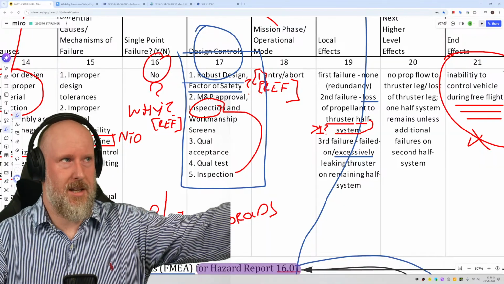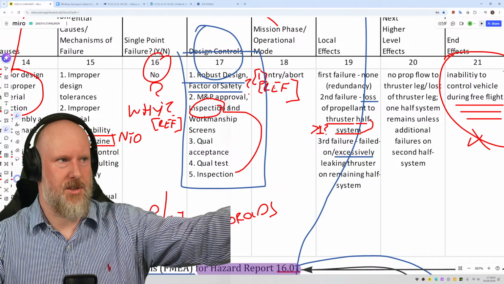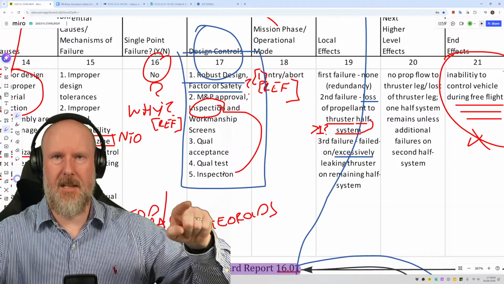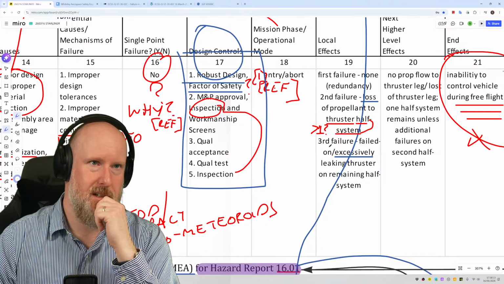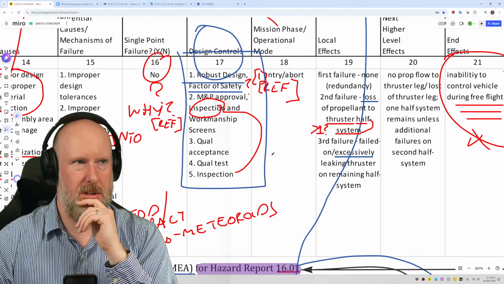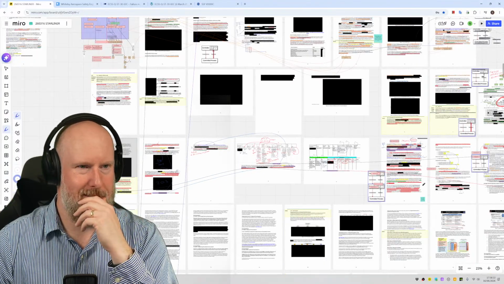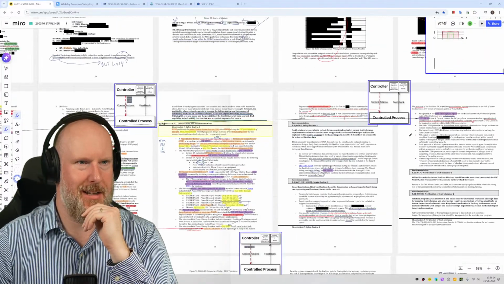You wouldn't just say, oh, we've got robust design, we've got screening, we've got qualification test, and we've got inspection. You would have very specific requirements that can be traced into verification and validation evidence or tests, test definitions. Anyway, let's move on. I've moaned about FMEA too much yesterday already.